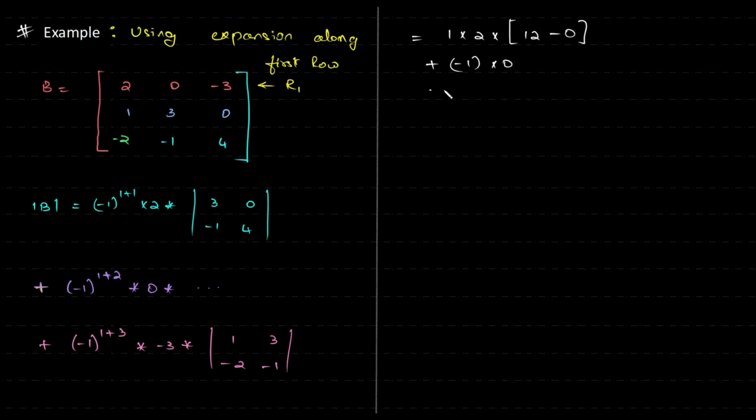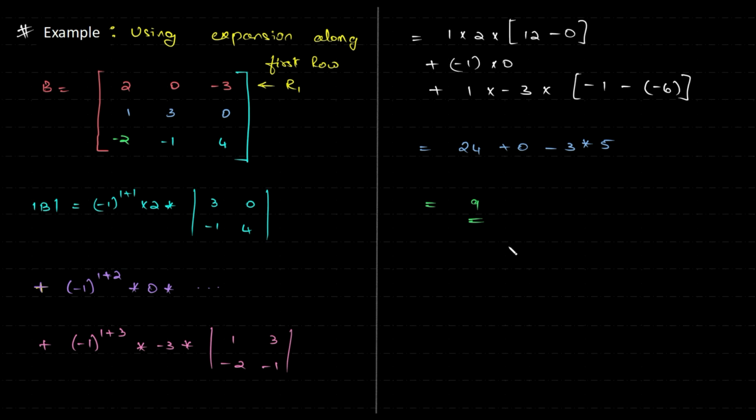And finally, we have plus of 1 into minus 3 into this would be 1 into minus 1 is minus 1, minus of minus 2 into 3, minus 6. Okay, further simplification, 24. Then this is 0, ignoring that. Or let me write it since it's the first example. And this is plus 6 minus 5, it is 5. So this is 15 and the overall answer is 9.